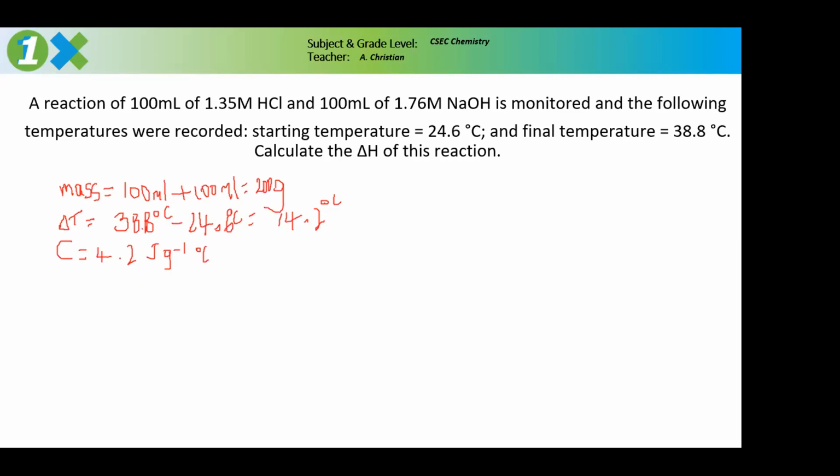Oh, centimeter cube. Yes, sir. Centimeter cube is the same as milliliter. If you look at your water bottle, you'll see milliliter. If you look at your measuring cylinder, you may see both of them. But they're the same unit, same volume.